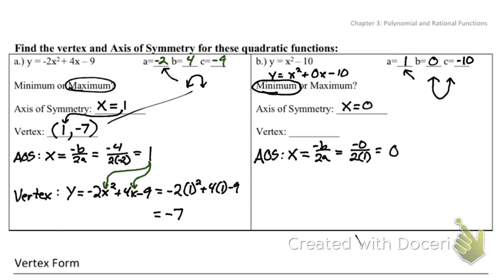Axis of symmetry is x equals 0, which means my vertex has an x value of 0. Now we just plug 0 in. What happens when I plug 0 in? What do I get out? I get negative 10 out. Y equals 0 squared minus 10 equals negative 10.